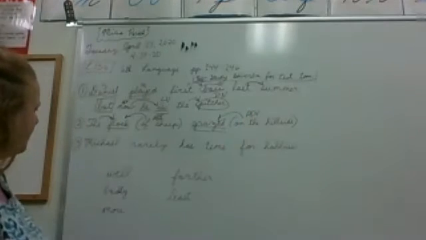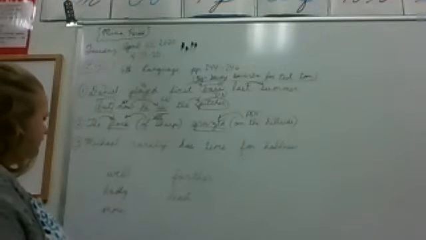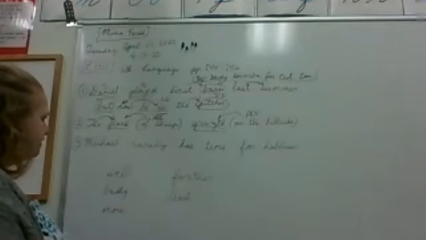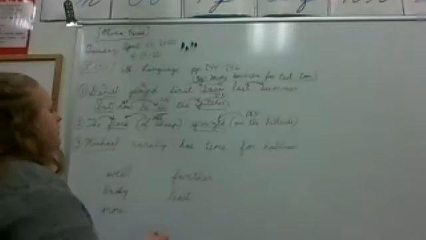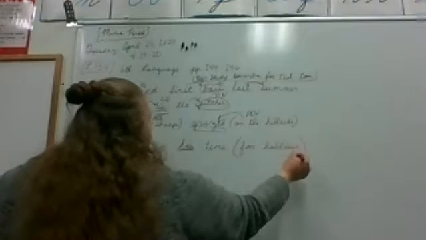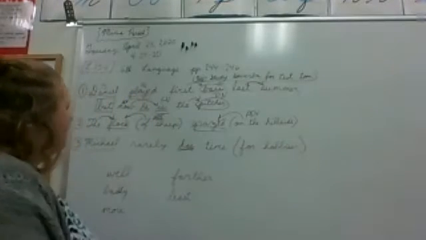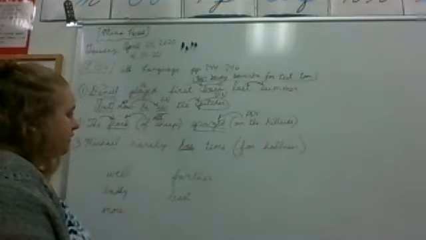All right? Michael rarely has time for hobbies. Let's find subject and verb. Michael has, right? Now we've got for hobbies as a prepositional phrase over here. Michael has what? Time.